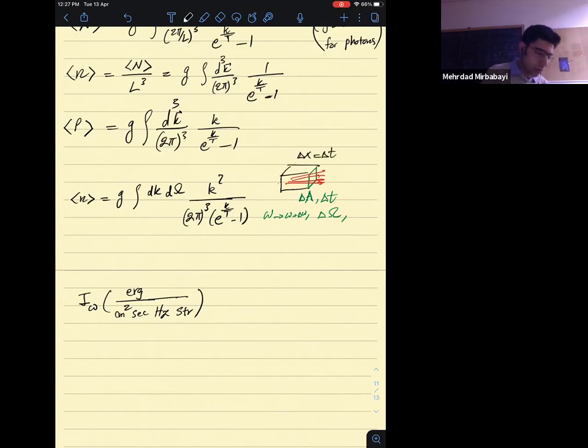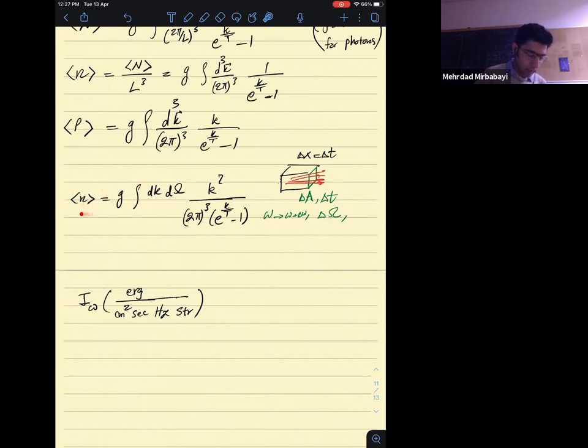So all that we need to do is to count all of the photons in this box with one side delta t and normal area delta A. We count all of the photons that move in this particular direction and in a range of frequencies delta omega. That is basically the measure of this integral.